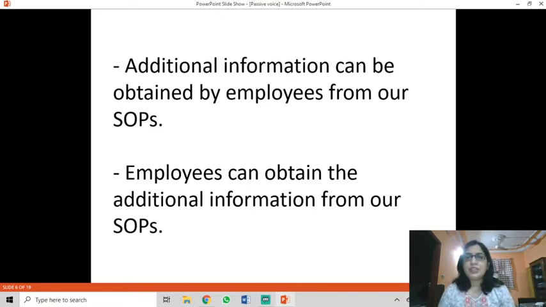Additional information can be obtained by employees from our SOPs. Now this sentence again is in passive voice. Do you notice "can be obtained"?